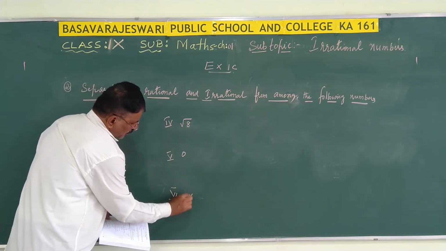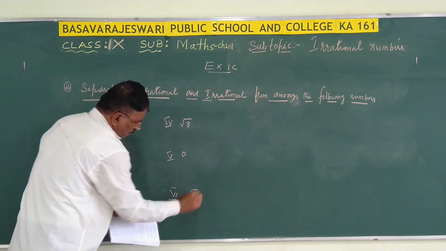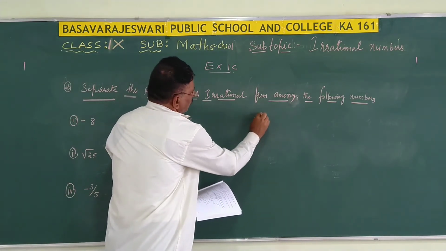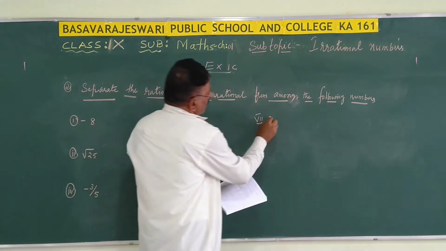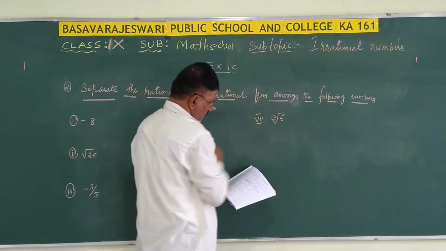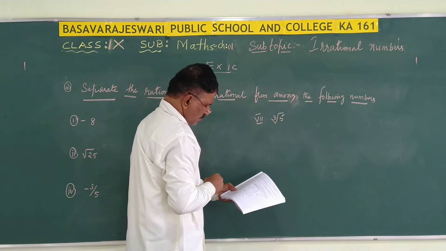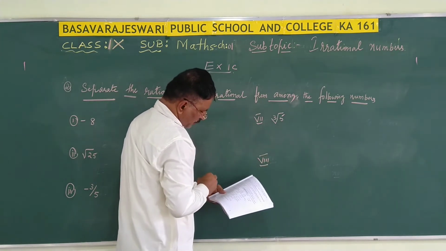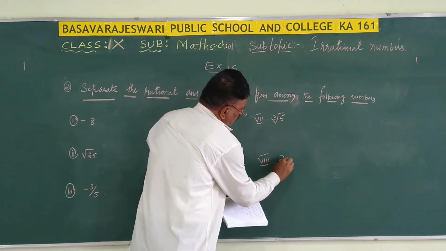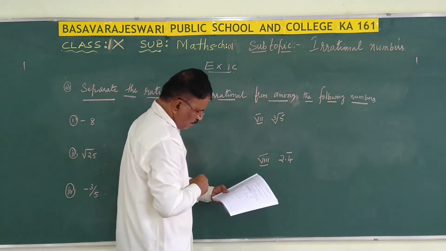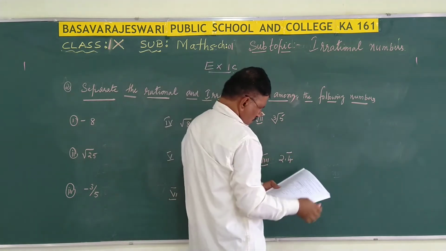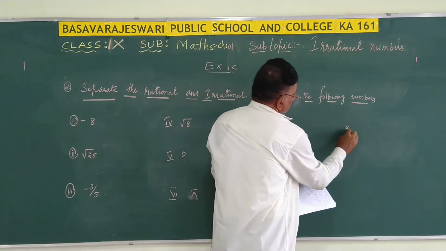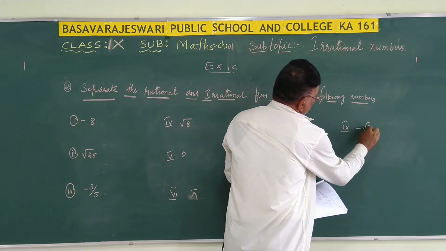Sixth question is pi. Seventh question is 3 root 5. Eighth question is 2.4 bar. And most probably the ninth question is minus root 3.